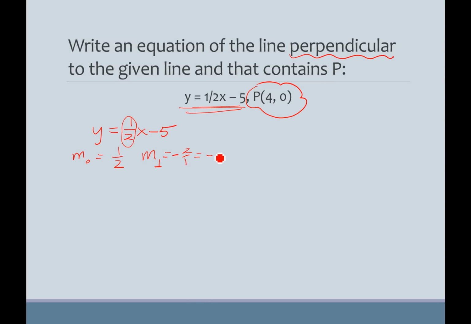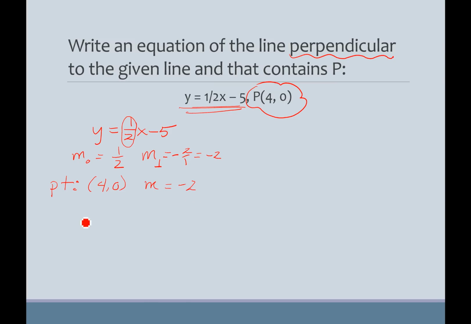So my slope is -2. Then we're just going to do what we had in that flow chart, and I'm starting with a point of 4, 0, and I know I have a slope of -2.